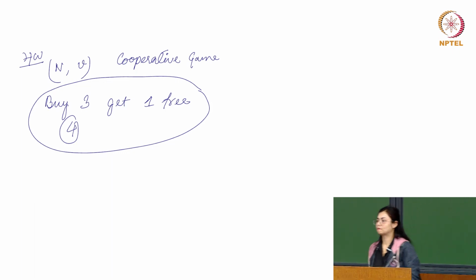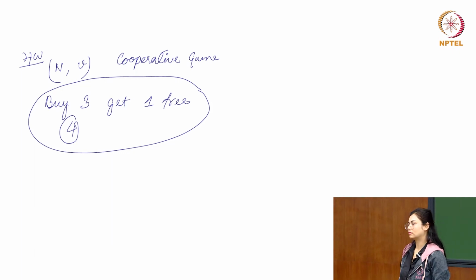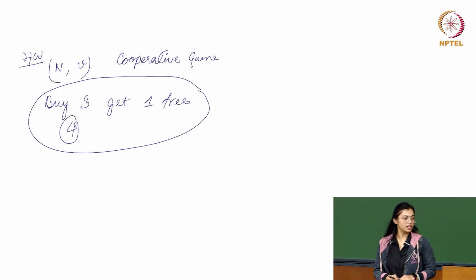Like referrals in an app: if you refer someone, you get a discount, and they also get a discount. Can you construct the V there?